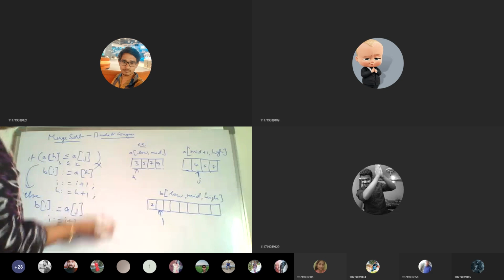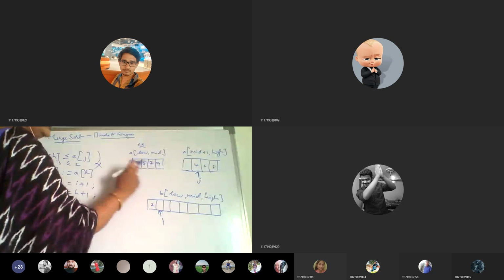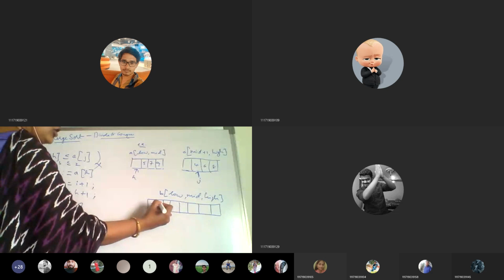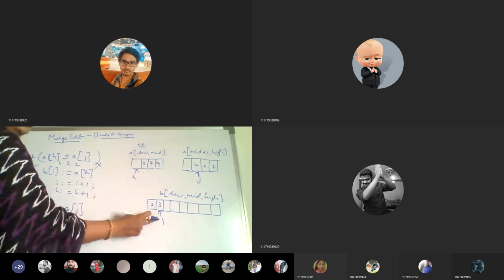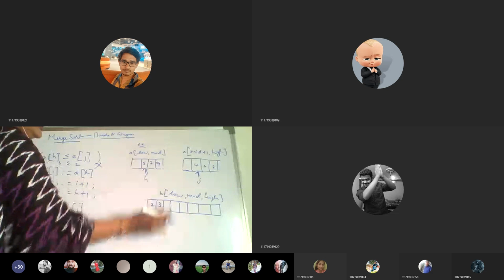Then again compare A of H and A of J. So 3 and 4. 3 is smaller, so you copy 3 here to the new list, and these pointers have to be incremented.